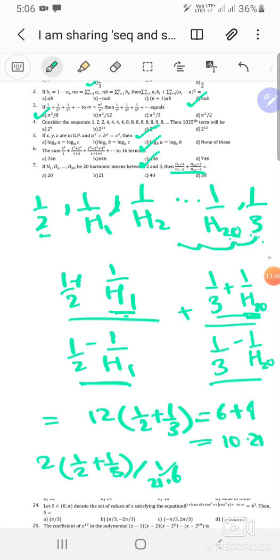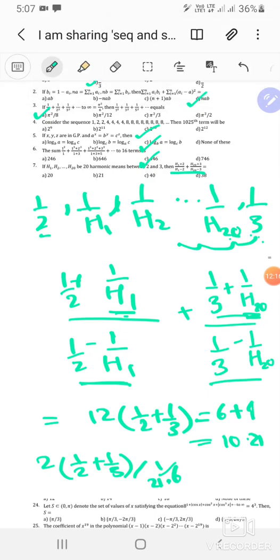I mean, it has to be 1 by 6 because 1 by 2 minus 1 by 3 is 1 by 6. So 21d has to be 1 by 6. So d has to be 1 upon 21 into 6. So 1 by 2 minus 1 by h1, that is also the same thing. And then you got that thing on the numerator, which is 5 upon 6. So 10 into 21.